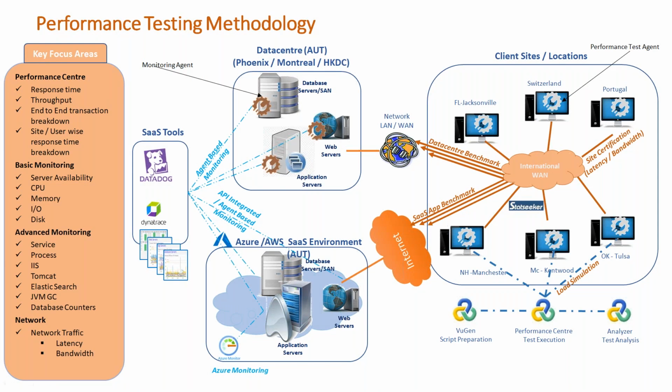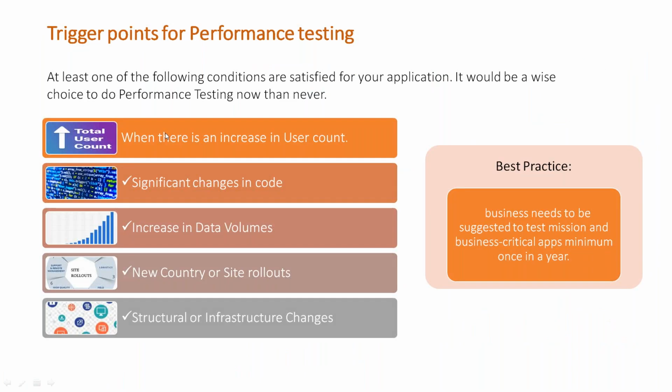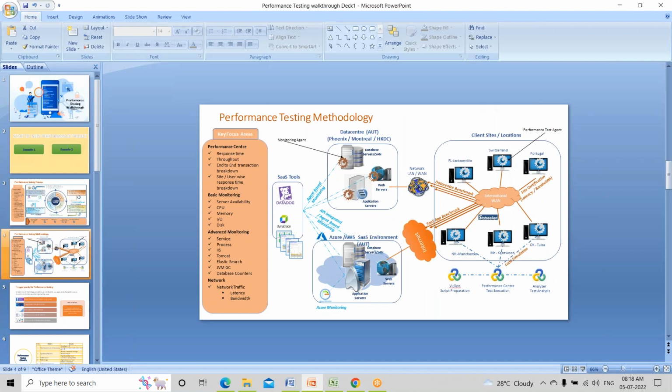If it's over the cloud, Azure or AWS, it will move over the internet. Now how are you going to monitor these things? You have to tell them we have certain tools. It can be any tool, not necessarily SAS, like Datadog and Dynatrace also.